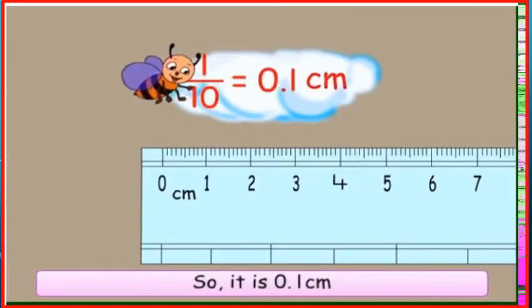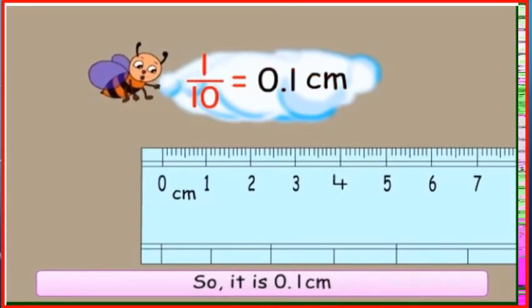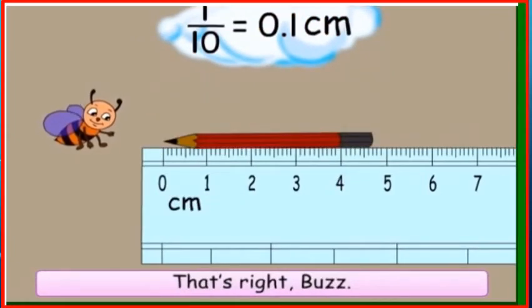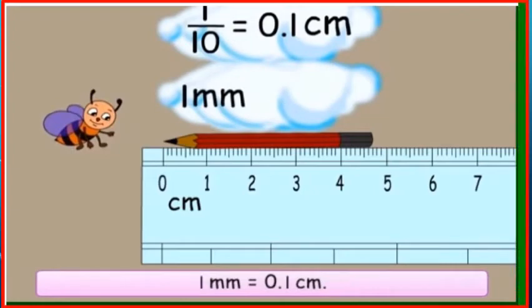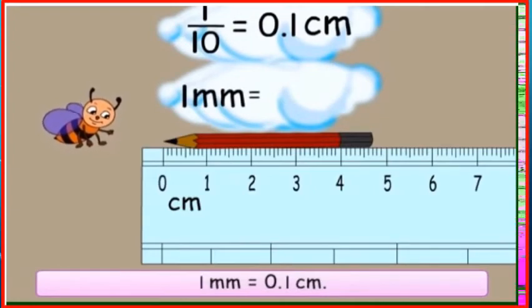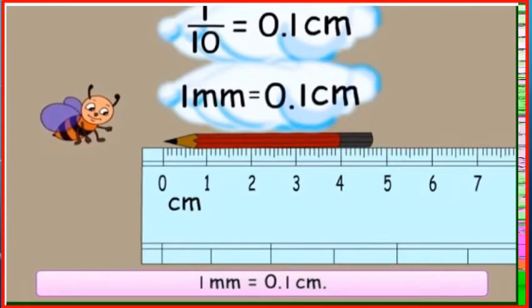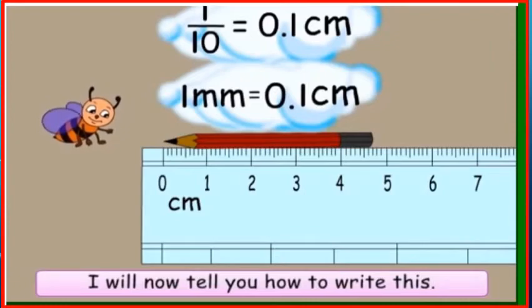So, it is 0.1 centimeter. That's right, Buzz. 1 millimeter is equal to 0.1 centimeter.